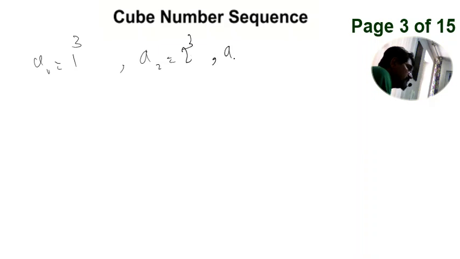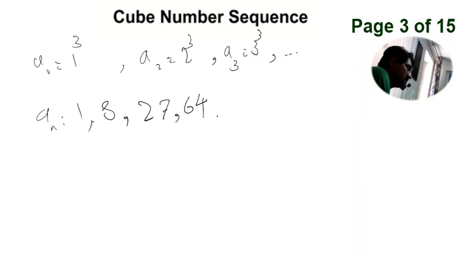Cube number. A1 is 1 cube. A2 is 2 cube. A3 is 3 cube. That is an: 1, 8, 27, 64 and so on.